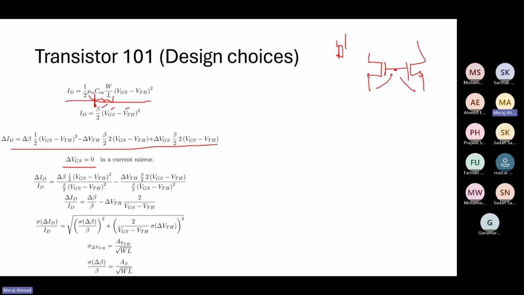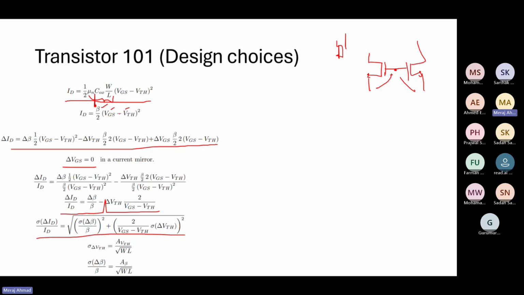So when you have a current mirror, your delta VGS will be 0. Then you just simplify it, and when you keep this delta I by I, you arrive at this point. If we write it in statistical form, it's similar to this: for any variable with statistical variation, you just square it and add.